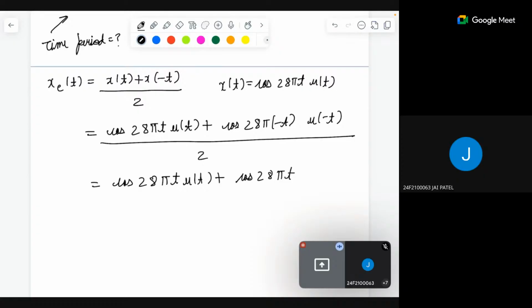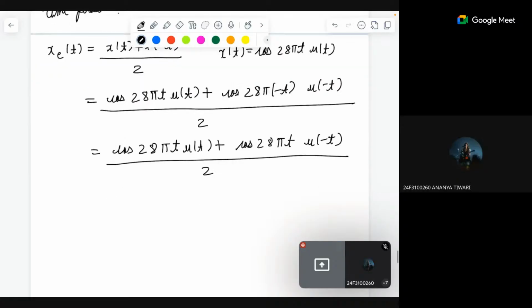Here I have used that cos of minus theta is cos theta. Is that fine? Yes, clear, ma'am. Okay, so we will now take cos(28 pi t) divided by 2 common. What I have left is u(t) plus u(minus t).